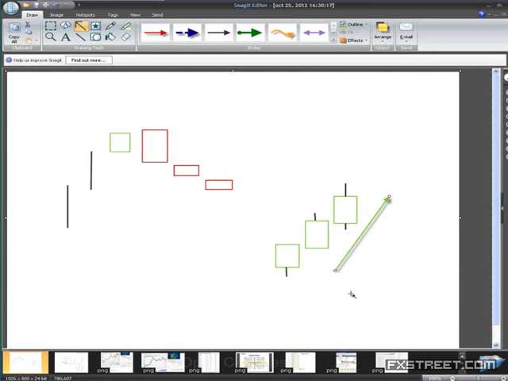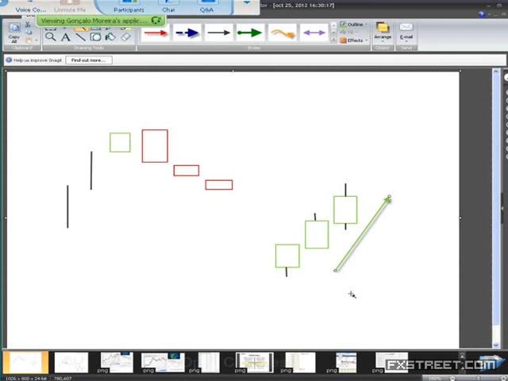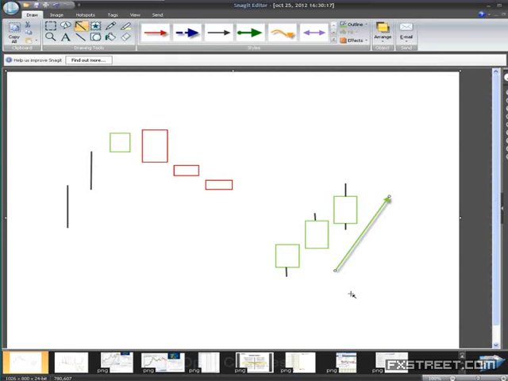Okay, this pattern is a continuation pattern, and I take that also as a chance to mention that not all patterns in Japanese candlesticks are reversal ones. Even if most are reversal patterns, we have some continuation patterns.